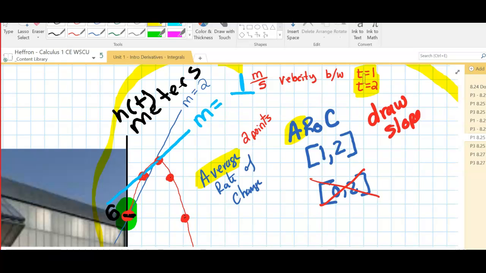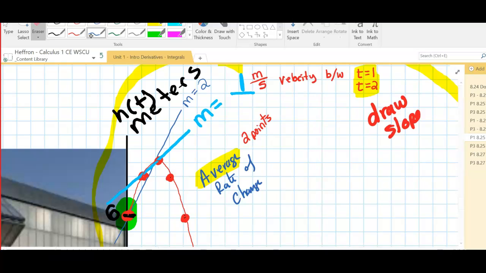And so here's the new piece of calculus. What we're searching for is something called a rate of change at one single instant.